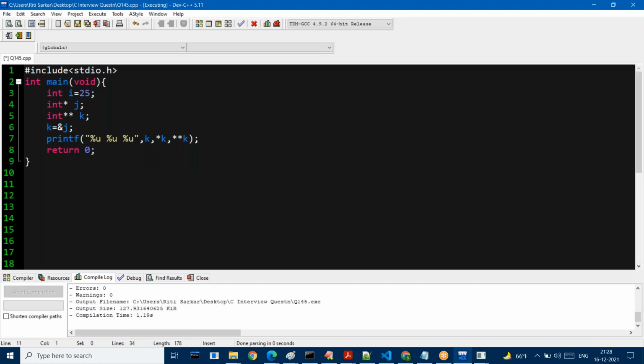My options are: option A, address, value, address, value. Three things we are printing now. Option B is address, value.